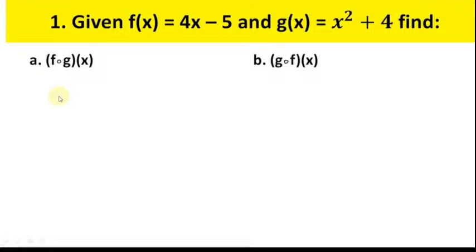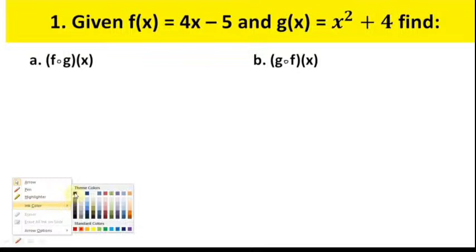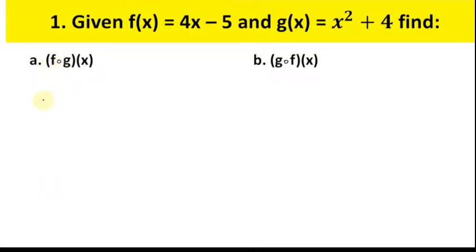So let's try to solve this problem. Number 1, letter A and letter B. So in order to solve for the composition of the given function, first, tingnan natin yung formula. So letter A, we have the composition of f with g of x.